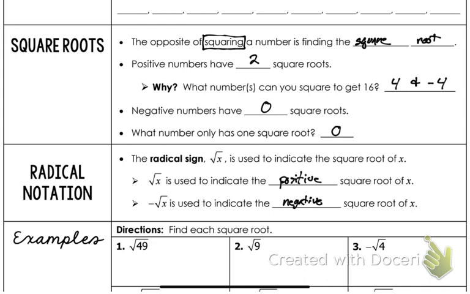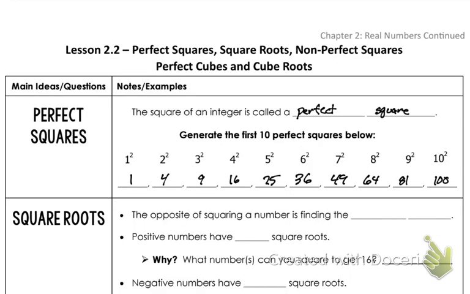All right, square roots do the opposite of squaring, okay? Is 49 a perfect square? Yes. It's 7. What did I use to get 49? 7 squared. So what number did we start with to get to 49? We started with 7, we squared it, and we got 49.